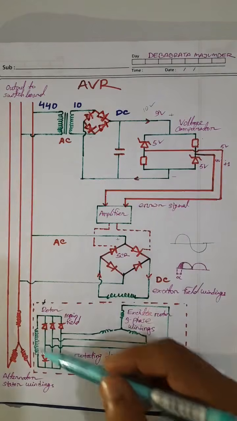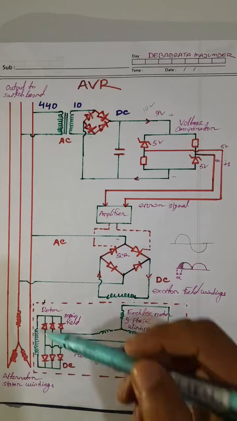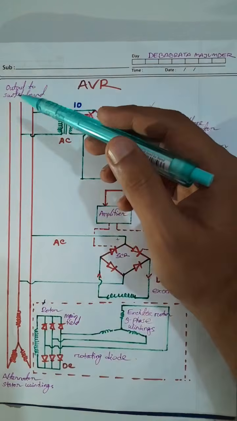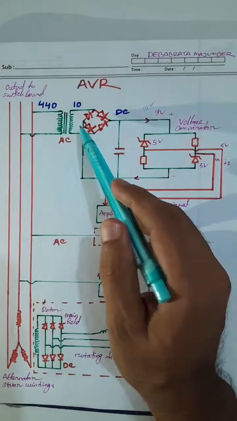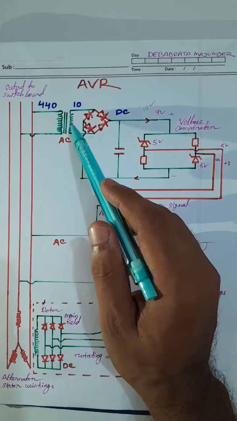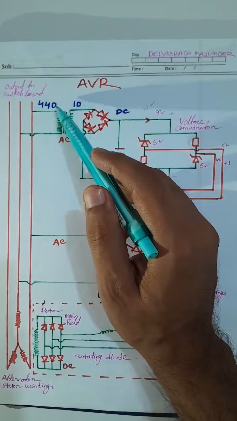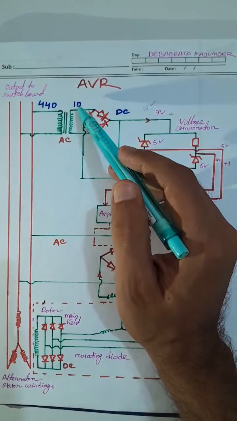First we need to familiarize ourselves with the diagram. This is the alternator stator windings. From this line it is going to the bus bar, output to the switchboard. Then this is the step down transformer, 440 volts to 10 volts AC.